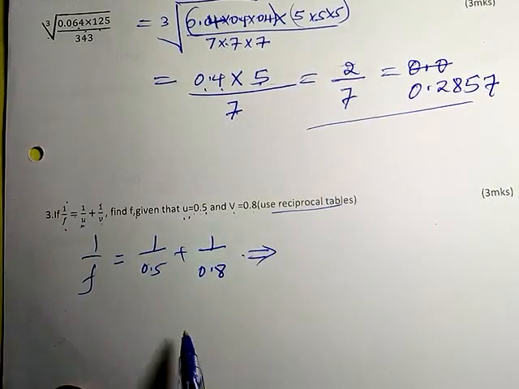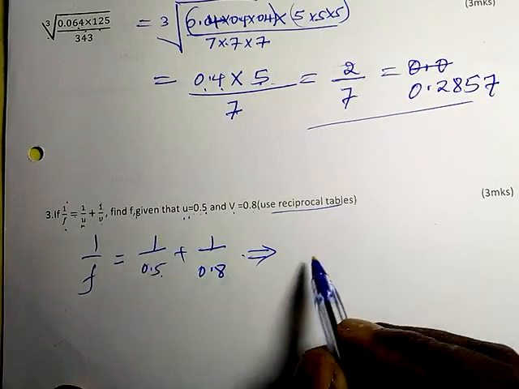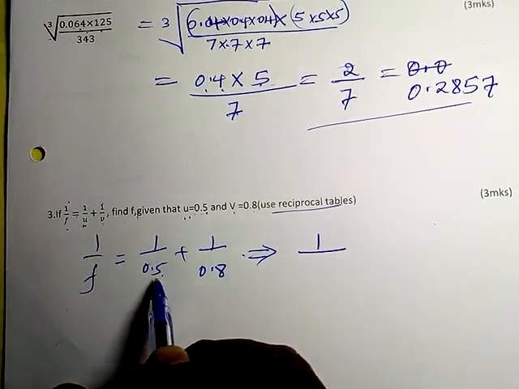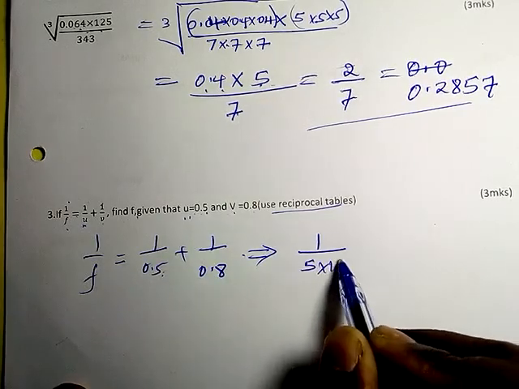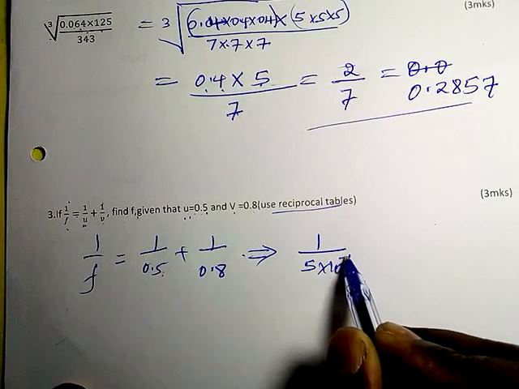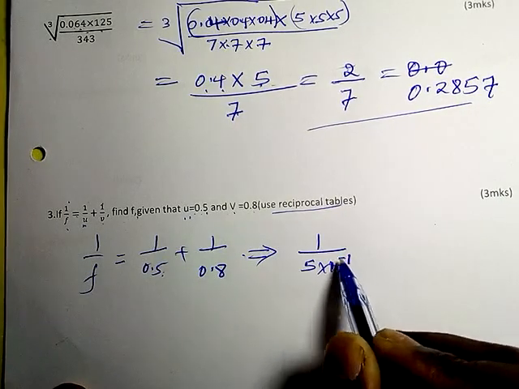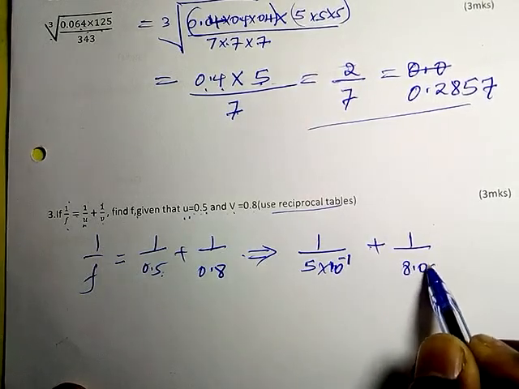There is no reciprocal of this number in the table, so you write this number in standard form. So we have 1 over the standard form of this. You go to the right, that is 5 times 10 raised to power negative 1. I told you when you go to the right, the power of 10 is negative.